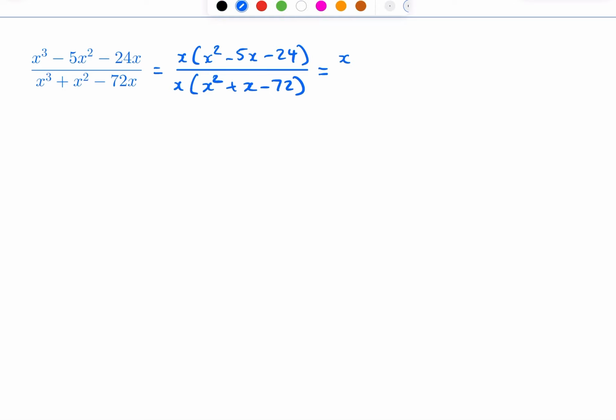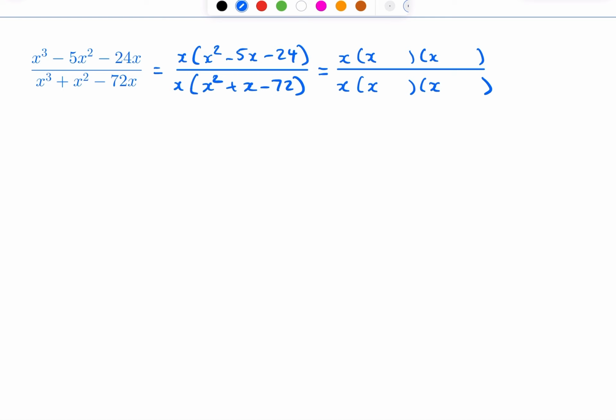So we can go ahead and set this up. I like to set up my structure here. Okay, and same thing in the denominator. I'm going to set that up because that polynomial in the parentheses is also factorable. Okay, so here what we want to do is find factors of -24 such that when you add the factors together, we get a -5.